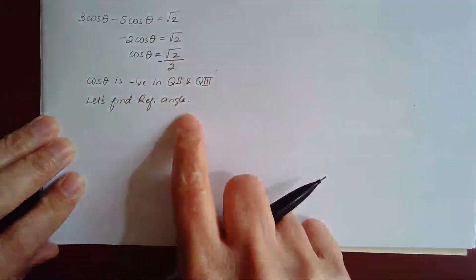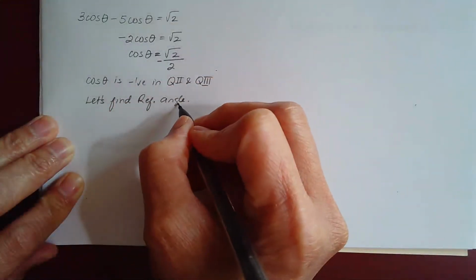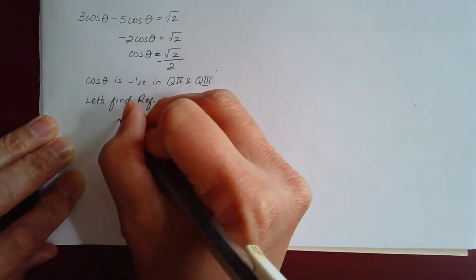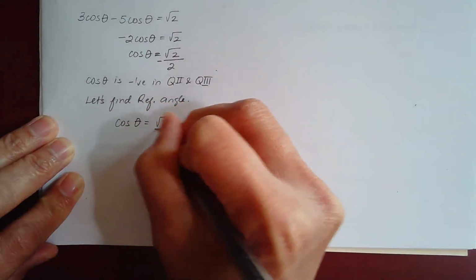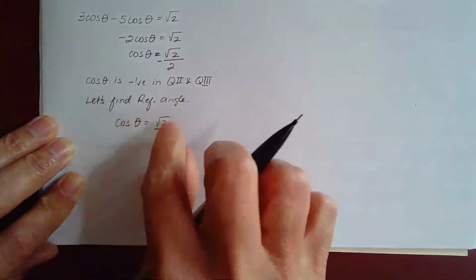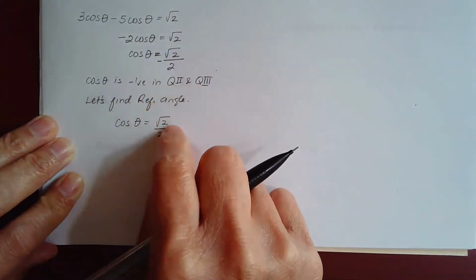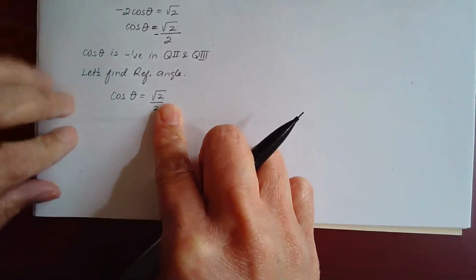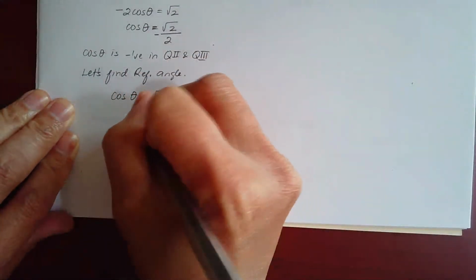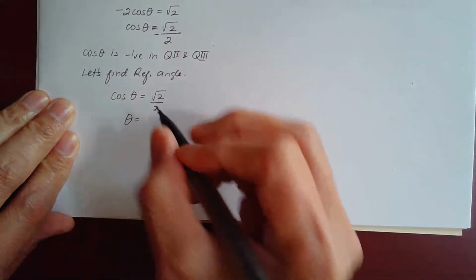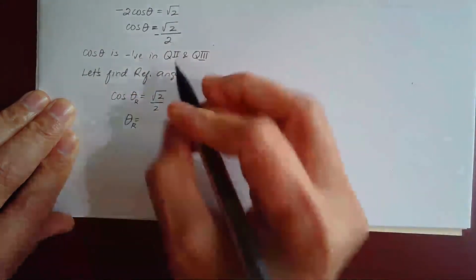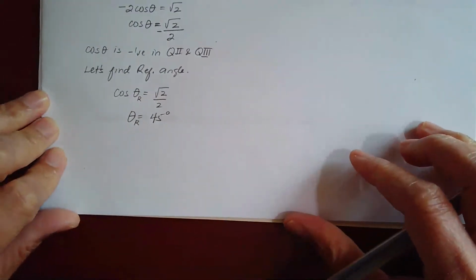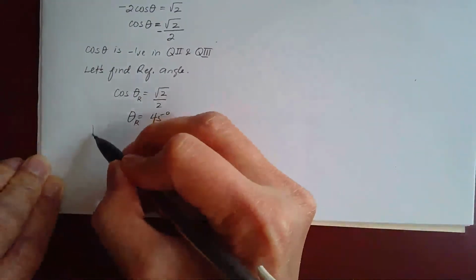You probably already know this: we're just going to go cos theta equals root 2 over 2, so that makes it positive, and you'll find that the reference angle is 45 degrees.